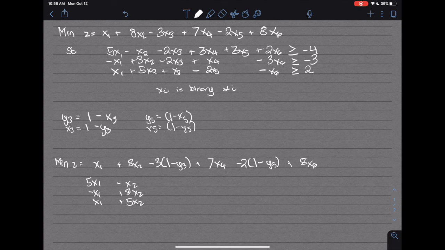There's a transformation for x3. So minus 2 times 1 minus y3 plus 1 minus y3. No transformation for x4.